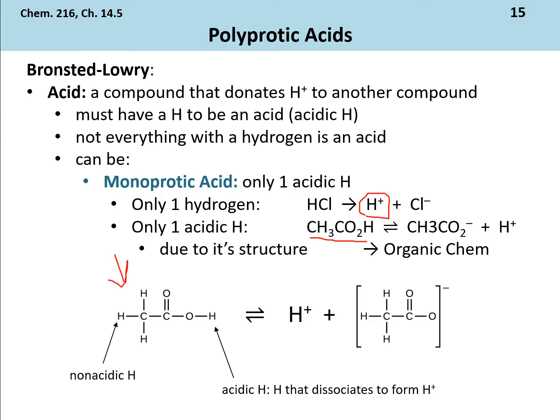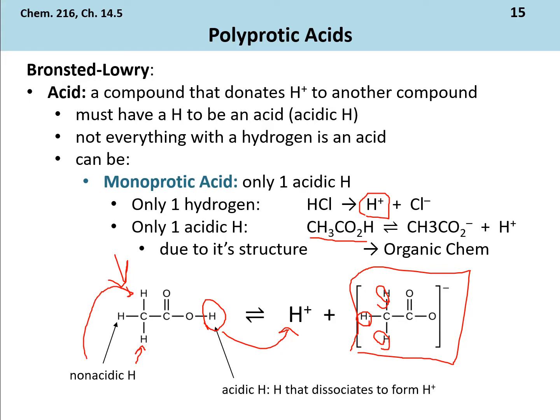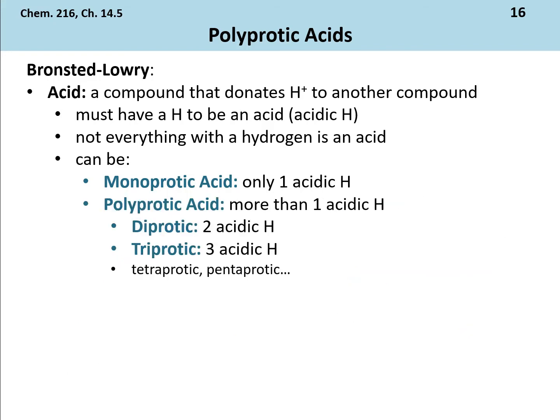It only has one acidic hydrogen. This hydrogen is going to go away, and I'm going to be left with this compound. But none of these other hydrogens will dissociate. They're all going to stay attached. The reason for this is structure, but we would say that these hydrogens that don't leave can be called non-acidic hydrogens. That's monoprotic.